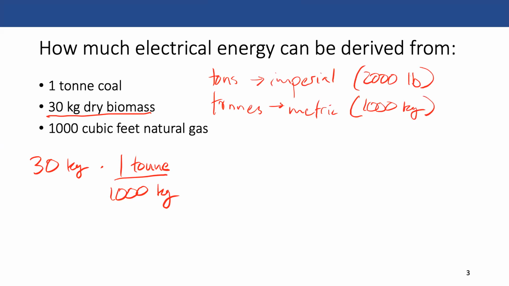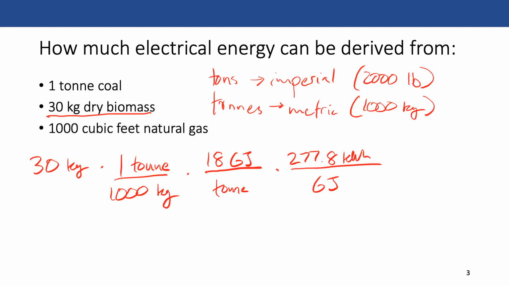And as we saw from the reference sheet, you can get 18 gigajoules per ton. And we need to translate it, as I mentioned, into kilowatt hours. So 277.8 kilowatt hours divided by gigajoules. And that translates this into kilowatt hours of biomass.